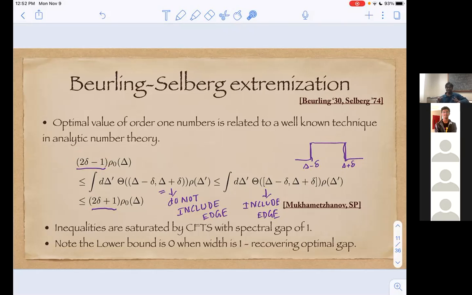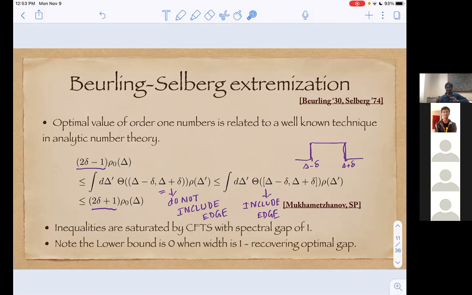If you do this analysis for all the operators, this bound is trivial because it is saturated by the descendants. But the whole point is one can make this analysis sensitive to only Virasoro primaries, and then it's a non-trivial statement that the optimal spectral gap between Virasoro primaries is 1.